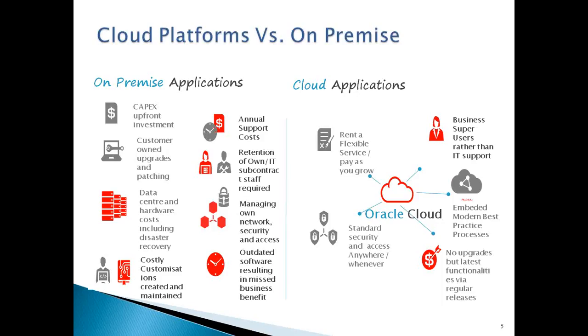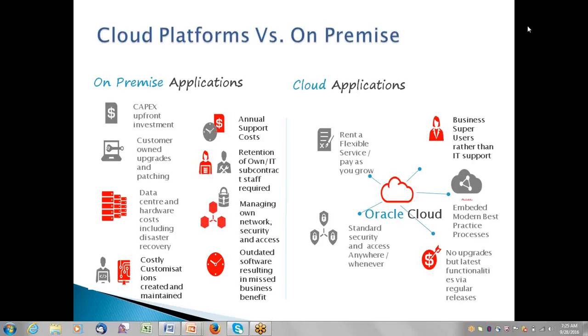Then the cloud applications will have standard security and access anywhere, whenever, so the provider will take care of the security of the information, so the customers need not worry about that, and they can access the application anywhere whenever they want, and that too on various devices like laptops, mobiles.